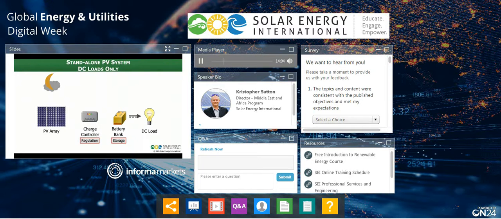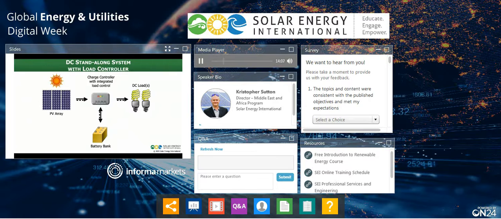If we left the load on, we could hurt the battery bank. If we wanted to do that another way, we could use an integrated charge controller and load controller combination. These are sold as smaller devices, often designed for small off-grid systems or lighting control systems, small applications generally, with an integrated charge controller and load controller. That protects the battery from being too full, or from being too empty or too discharged.